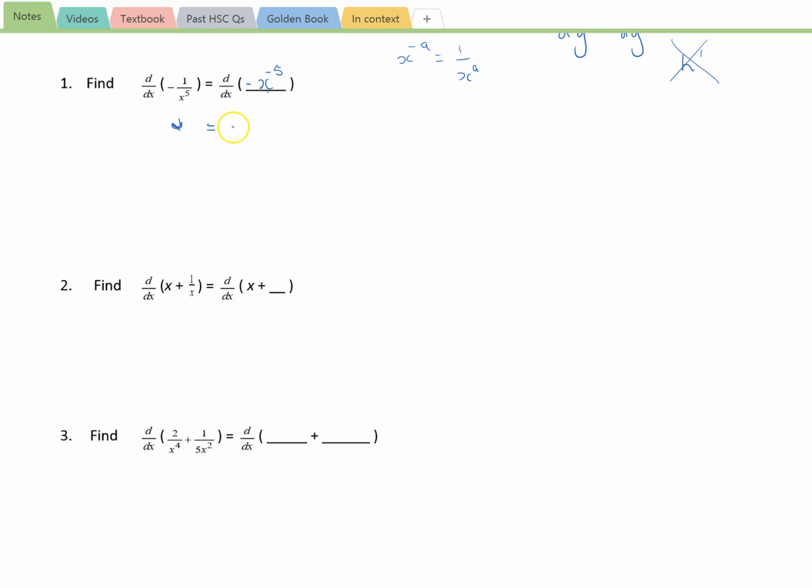So I'm differentiating it. Minus 5 times minus x to the minus 5, subtract 1 from the index. Negative times a negative, so positive. But minus 5 minus another one is minus 6.